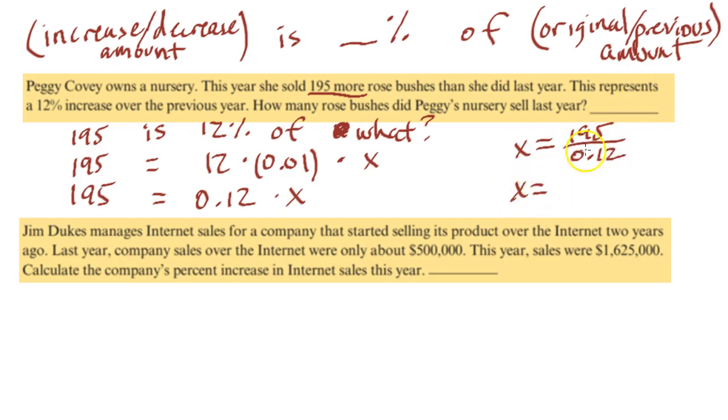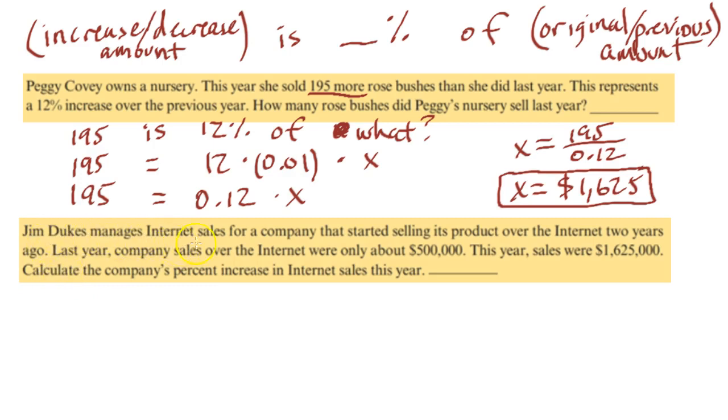So x is equal to 1625, and that's dollars since we're talking about money here. So how many rose bushes did Peggy's nursery sell last year? Remember, original or previous amount, so that would be last year. So we've solved for that, which is $1,625. All right, let's look at the next problem.